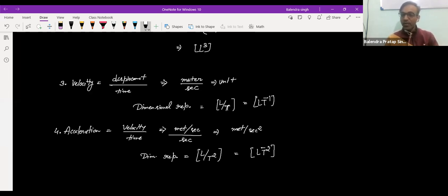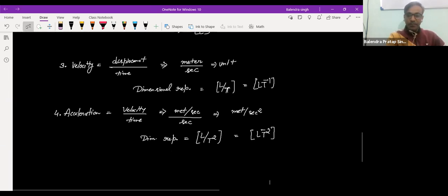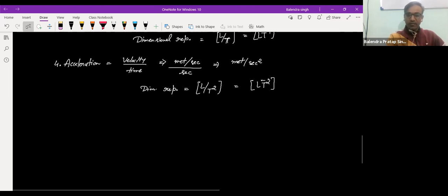This is the meaning of dimensional representation. Next one is momentum. Actually, I'm calculating the units and dimensional representations of some very useful derived physical quantities. The fifth one is momentum.